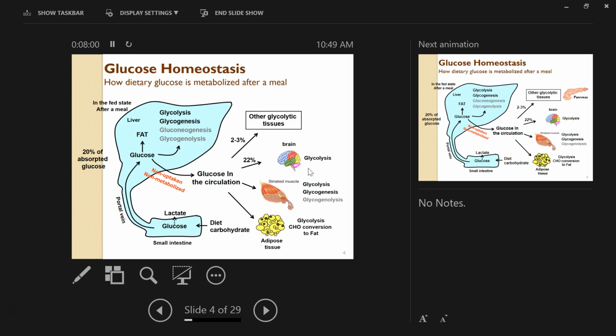The consequence is that, particularly in the beta cell, when we have high glucose transported by GLUT2 into the beta cell, it triggers insulin secretion. And GLUT4 basically is insulin dependent, right?